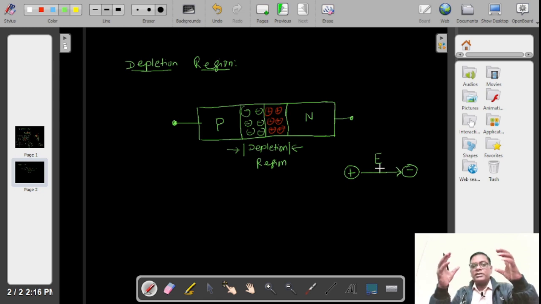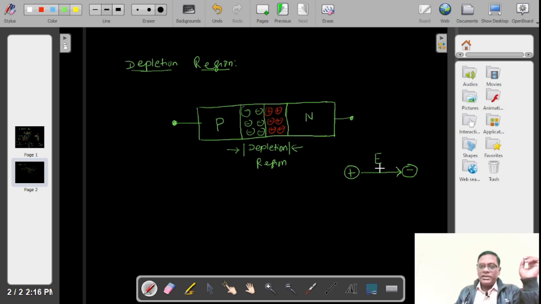An electric potential will be developed. The same thing happens here. On the right-hand side we have positive ions, on the left-hand side we have negative ions. So there will be formation of an electric field, that is, an electric potential.